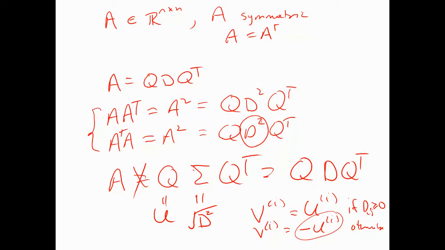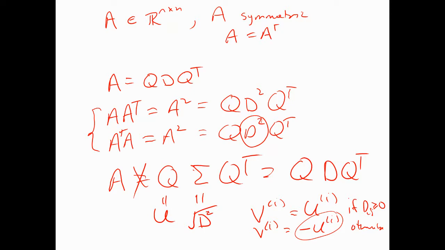I wanted to point this out because once you sit down and start going through some of the algebra of these things yourself, you might get confused by this. Why aren't the two things the same? The answer is, in general, they aren't, unless the eigenvalues of the matrix A, at least in the symmetric case, are all greater than or equal to 0.